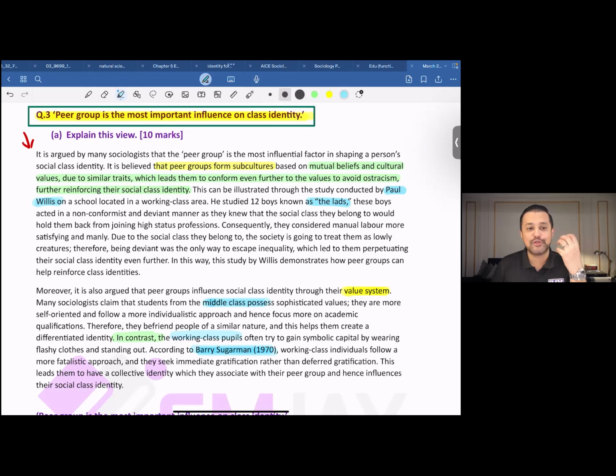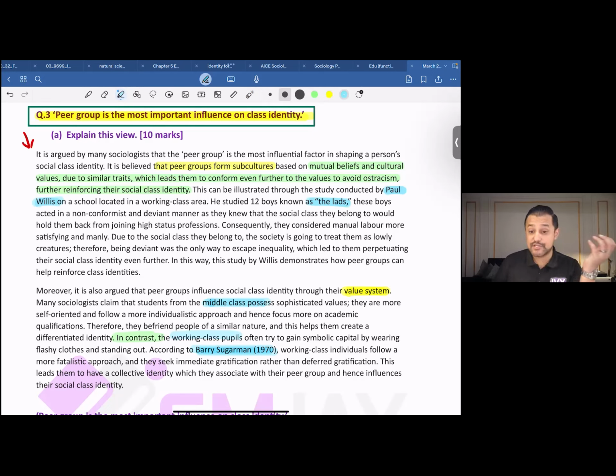If I put it in a more simplistic manner, more than putting in effort to gain academic qualifications, what matters more to them is how they look, how they appear in front of others.